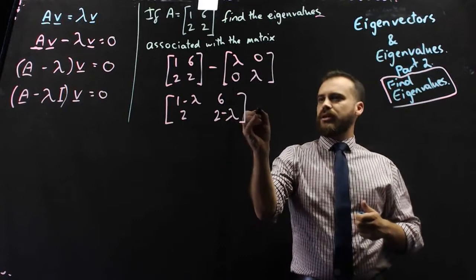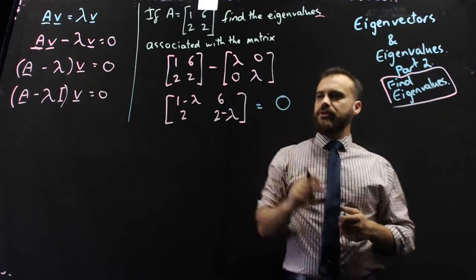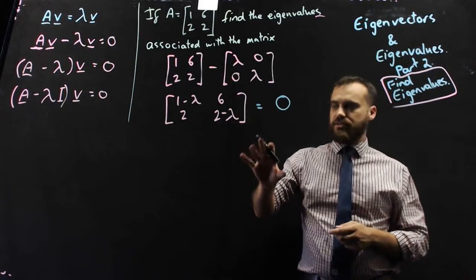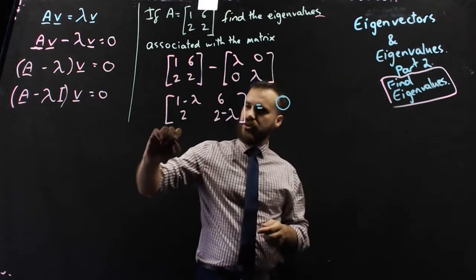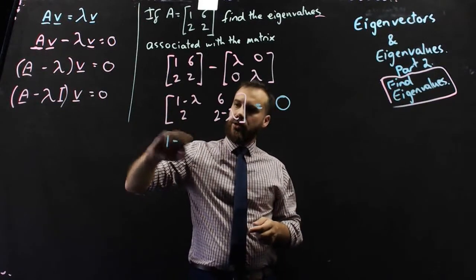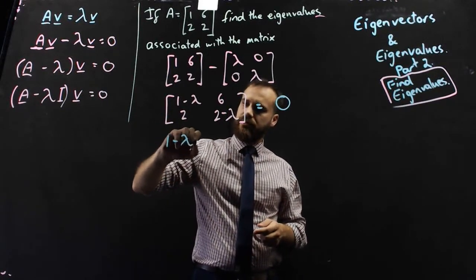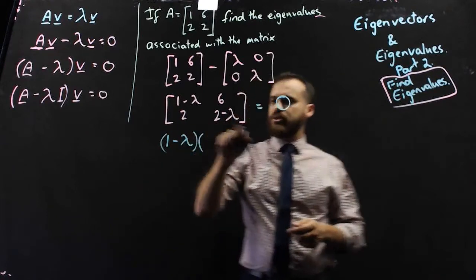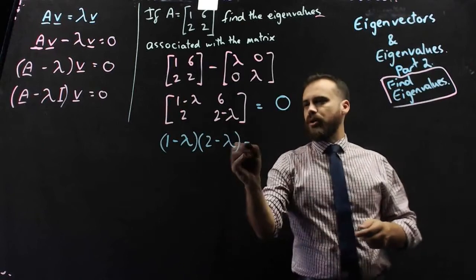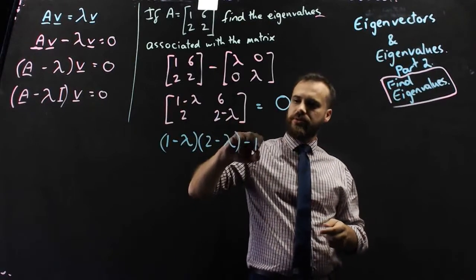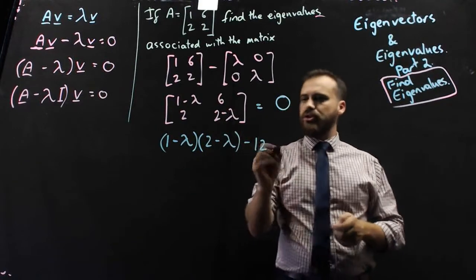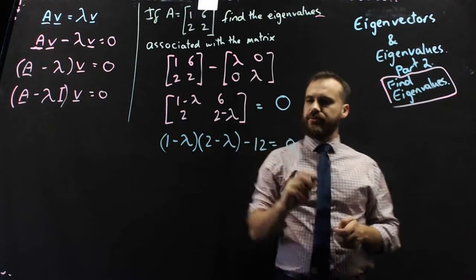So if that's equal to 0, that means the determinant of that must be equal to 0. So the determinant of that is going to be 1 minus lambda times 2 minus lambda, minus 6 times 2. Alright, so there's our determinant. Now our determinant's going to be equal to 0.